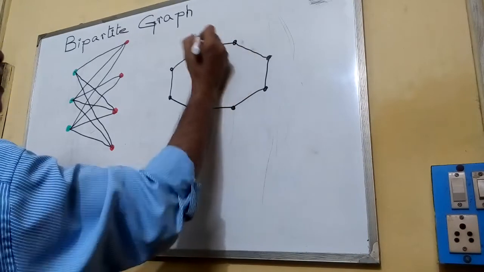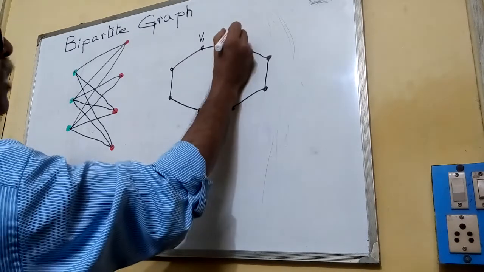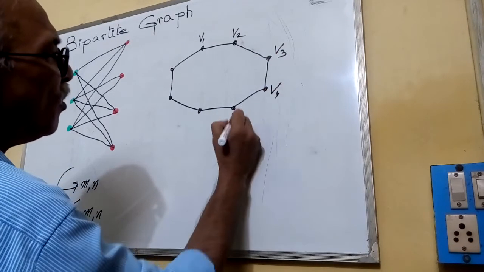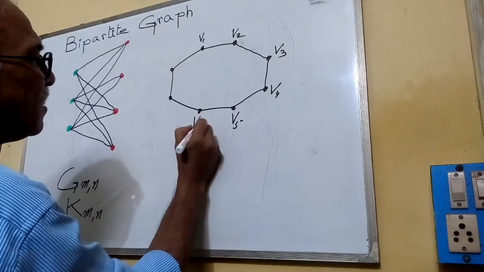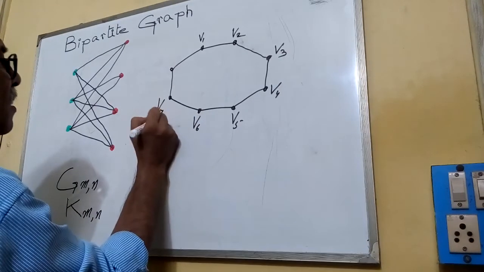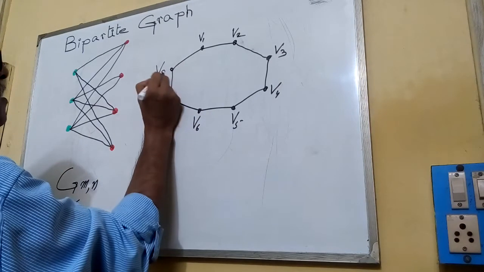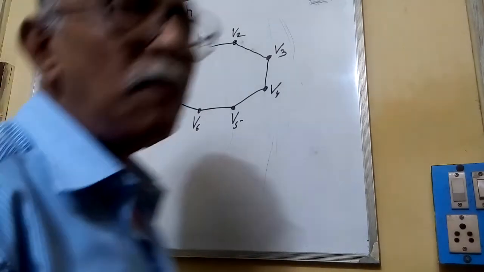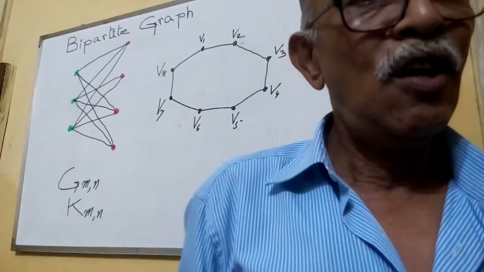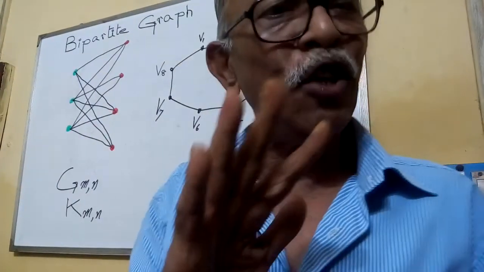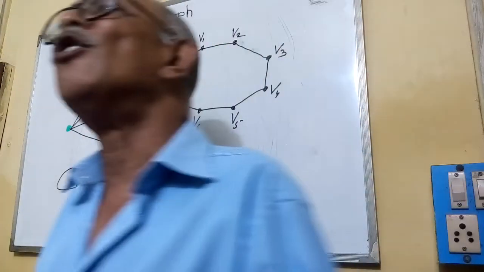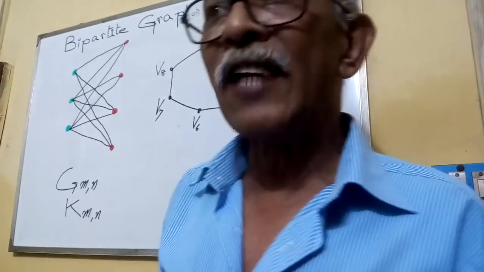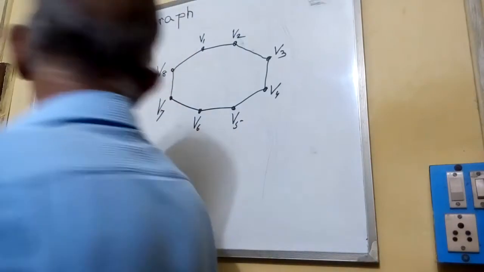Suppose you can give names V1, V2, V3, V4, V5, V6, V7, V8. How to know whether it is bipartite or not? For that, I will show you one method. Try to follow this method. It will be easier for you to understand whether it is bipartite or not.